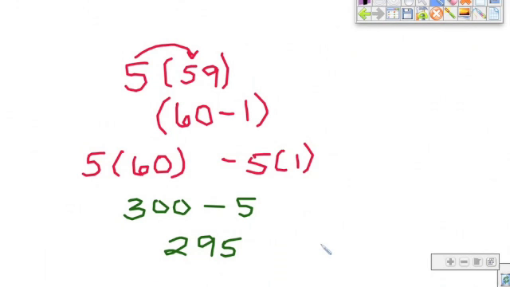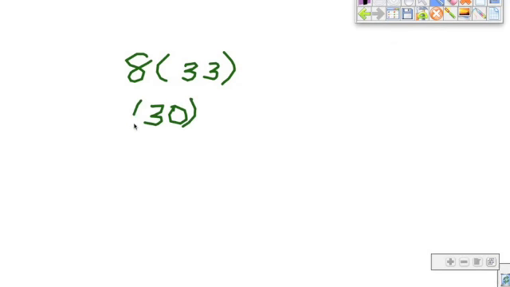Again, could you multiply just 59 times 5? Sure, you'll get the same answer. Let's try this one. We have 8 times 33. All right, well, I know that that is 30 and 3, 30 plus 3.